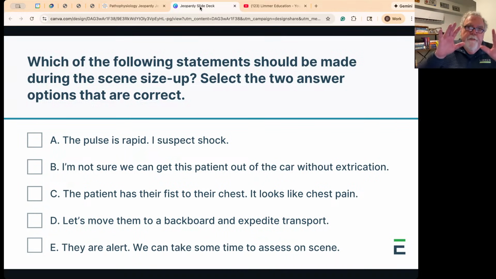Okay, first, scene safe BSI, right? Number of patients, resources you need, and mechanism of injury and nature of illness. These are all done before you get to the patient, before you have contact with the patient, and that is another clue. Which one of these things would be done before you contact the patient?